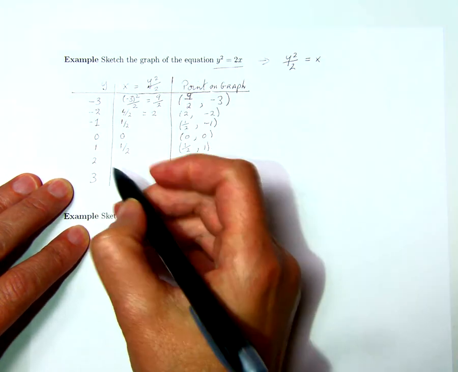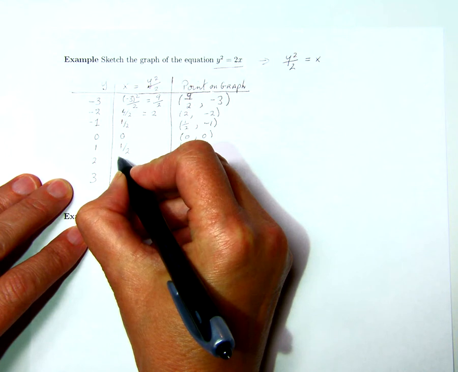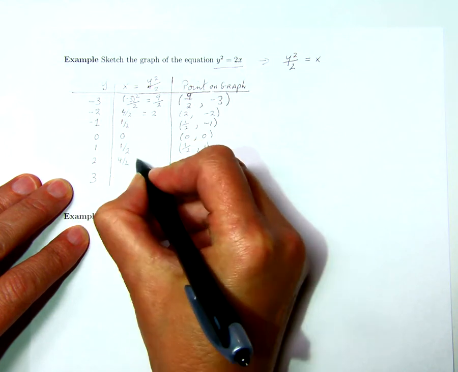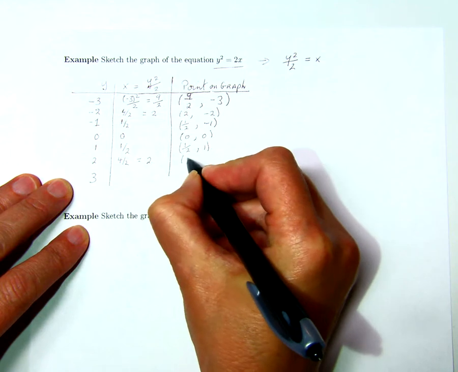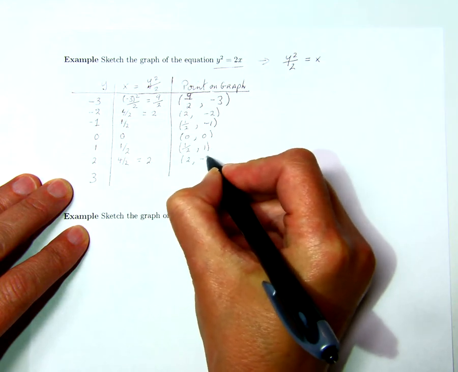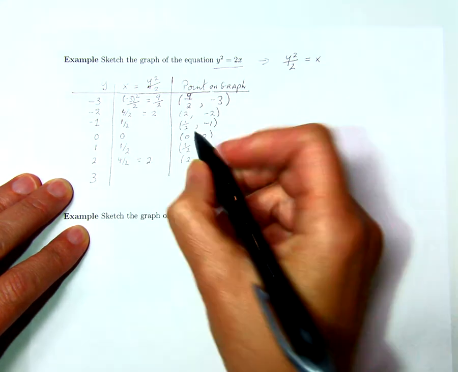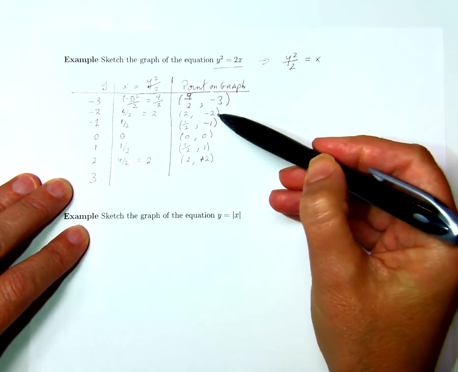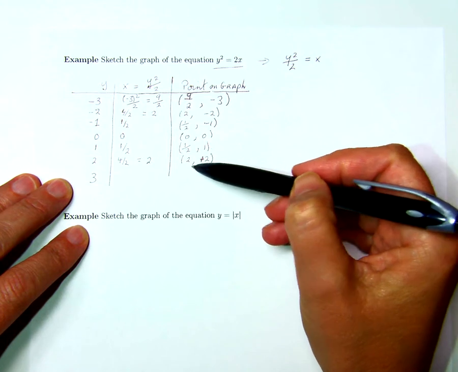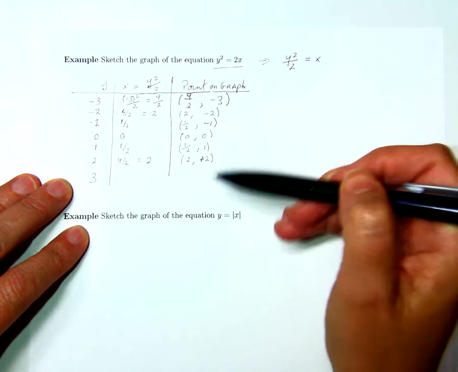When y is 2, then x has to be 2 squared over 2, which is 4 over 2, and you see there's some symmetry here. That's 2. So we have the point (2, 2) on the graph. So we see here that when y is 2, x has to be 2, and also when y is negative 2, x has to be 2.